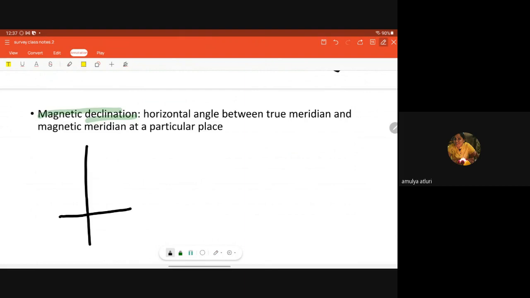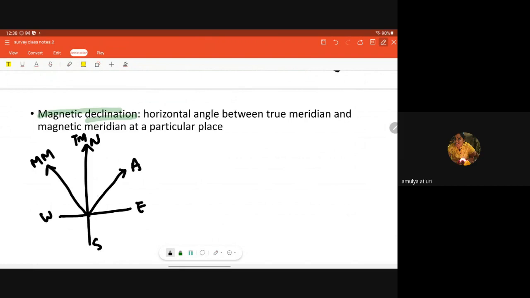So let's consider north, east, west, south. This is my survey line A. This is your true north, and the line passing through it is called the true meridian. And this is the meridian passing through the magnetic north, the magnetic meridian.